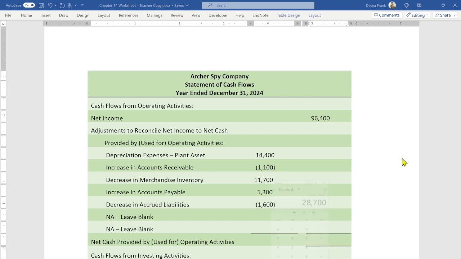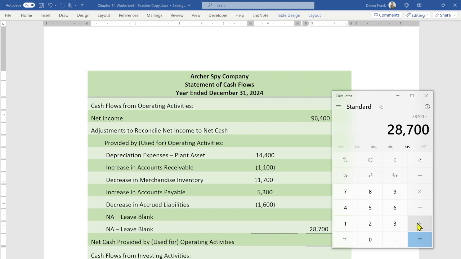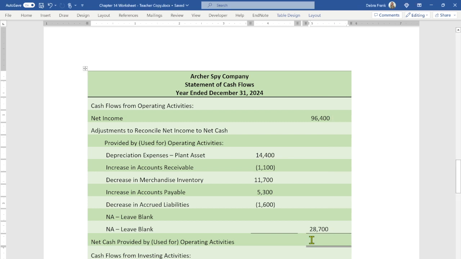So net increase of 28,700, plus our 96,400. And we can see here that net cash provided by, because it's positive, operating activities is 125,100. So we are done with the operating activities section of the statement of cash flows, and the next video will be the investing activities.